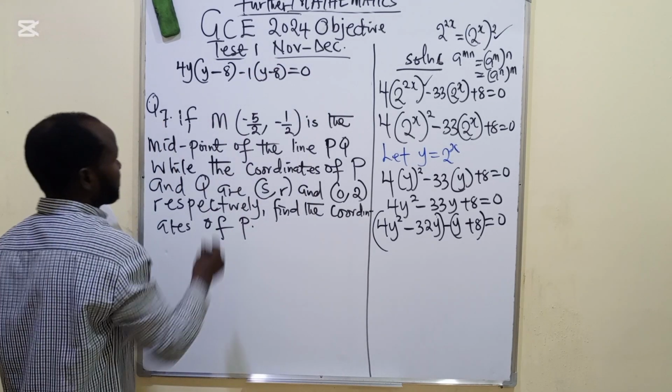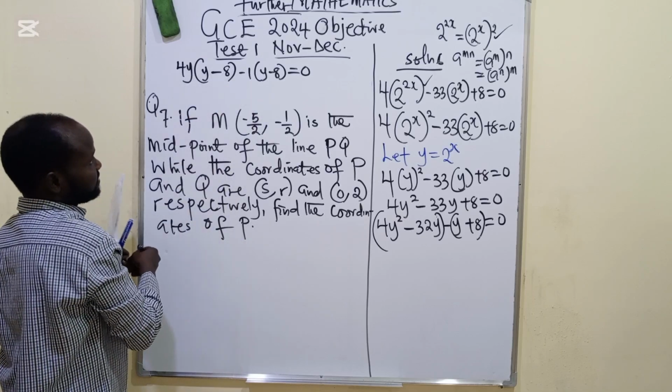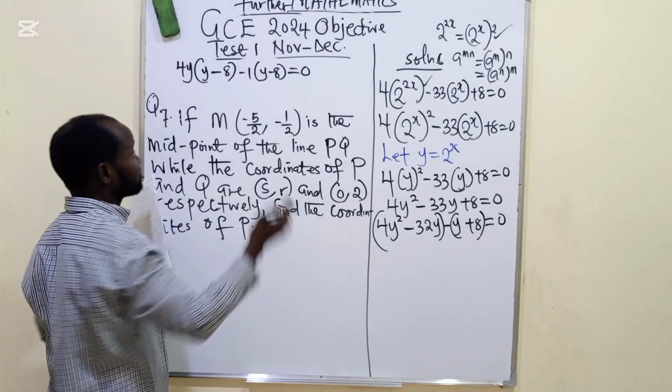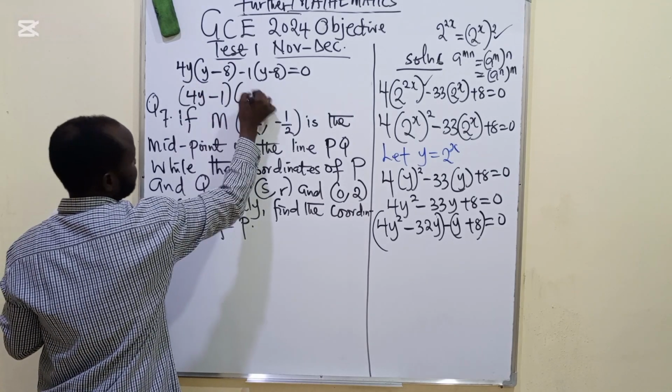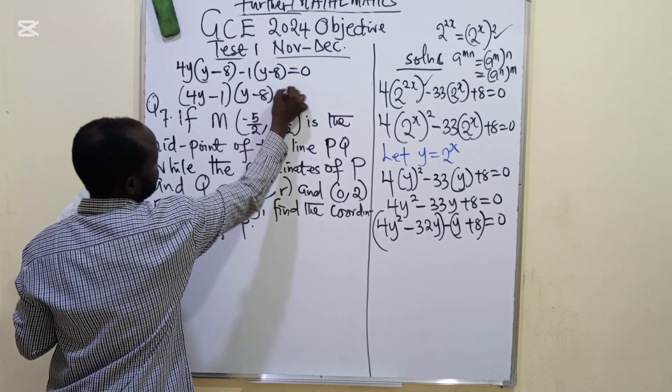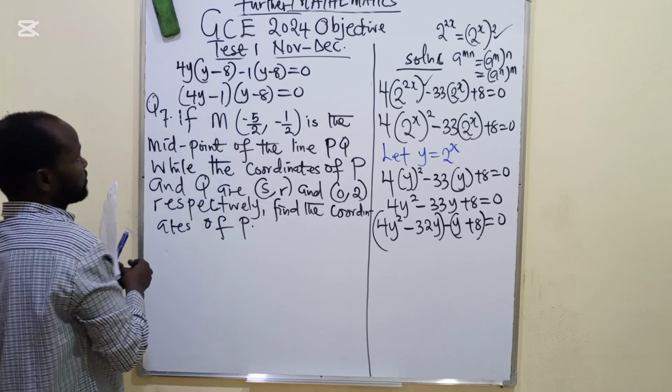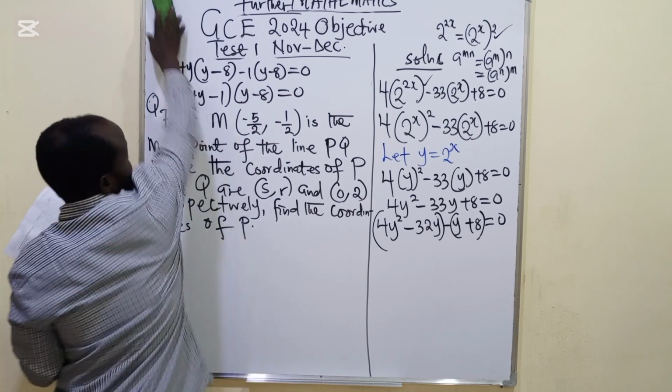You realize that what we have inside the bracket is the same. We pick what we have outside the bracket. That will be (4y minus 1)(y minus 8) equals 0. Very important.